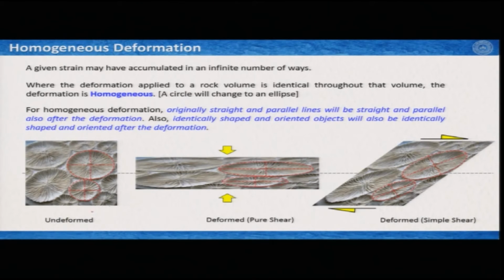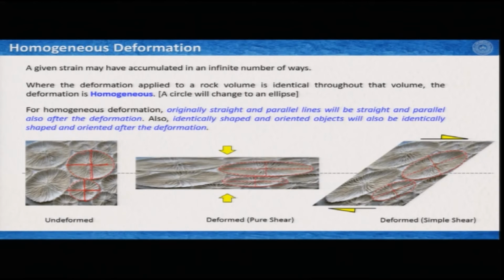We have an undeformed object here. I just took a photograph and then marked these circular features in this image with some circle, and then made two diameters which are perpendicular to each other.